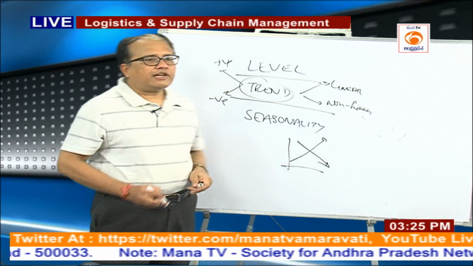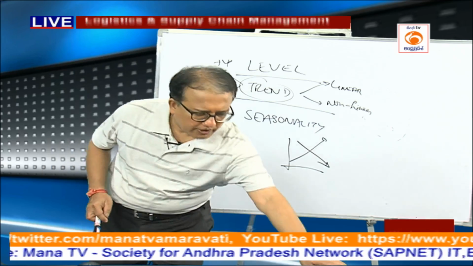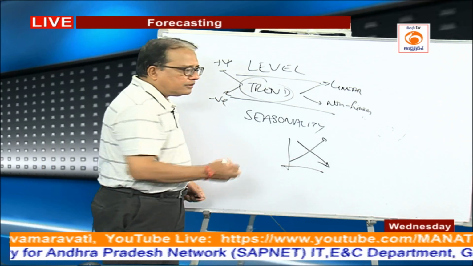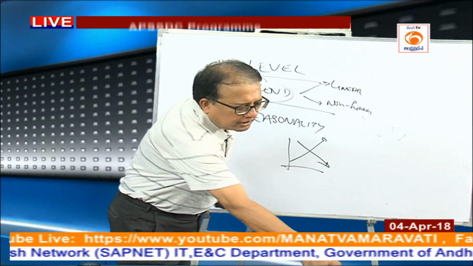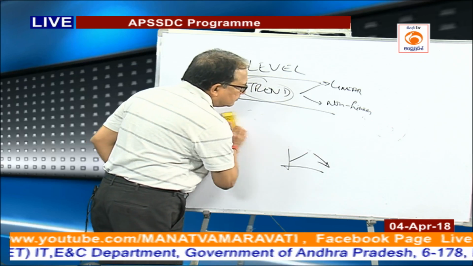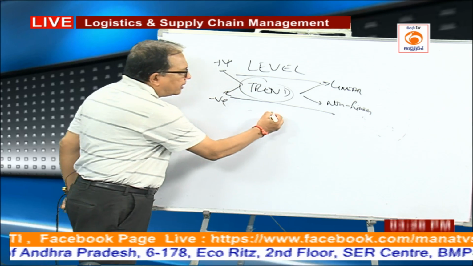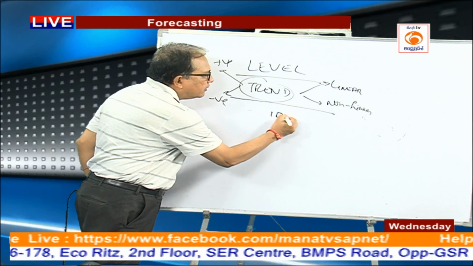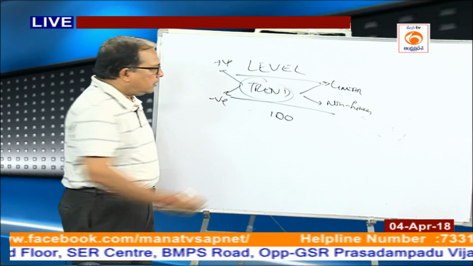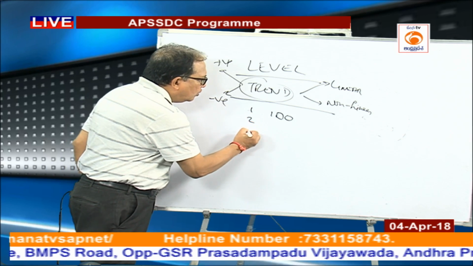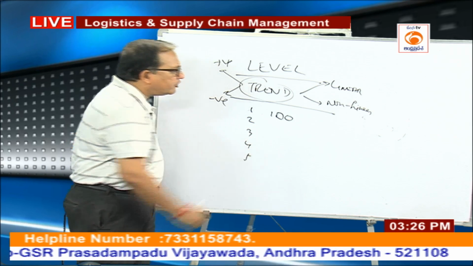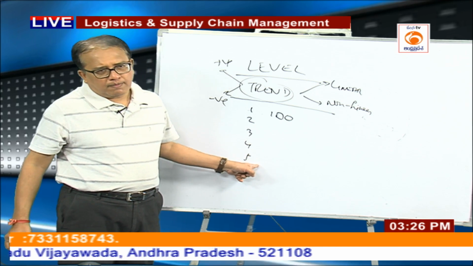Now, what is linear one, what is non-linear? Suppose, just for simplicity's sake, assume the demand of a product is 100. So, period 1, 2, 3, 4, 5. For simplicity's sake, we take 5 periods.